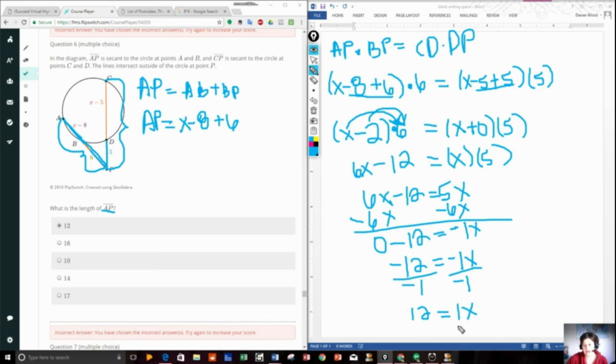And now we know that x is 12, so then I can replace that in there. So that's 12 minus 8 plus 6. So 12 minus 8 is going to give us 4, plus 6 is 10.